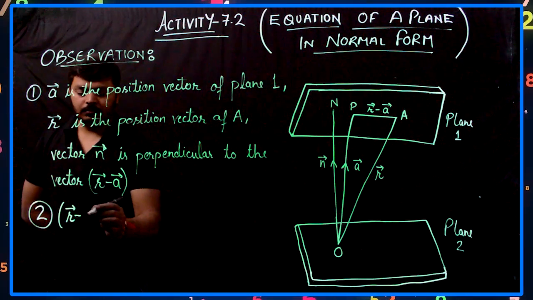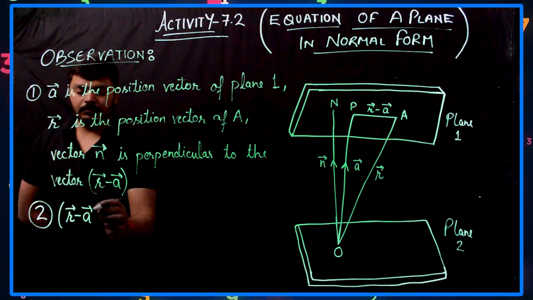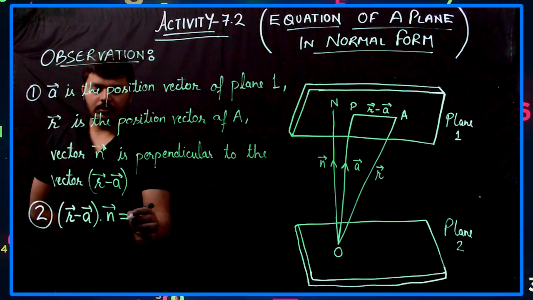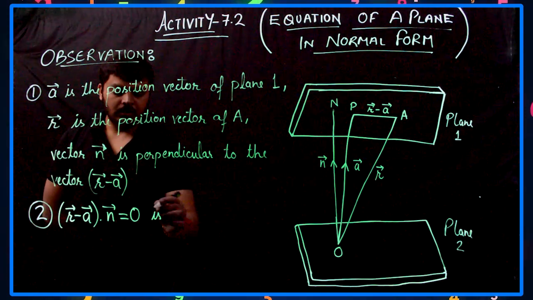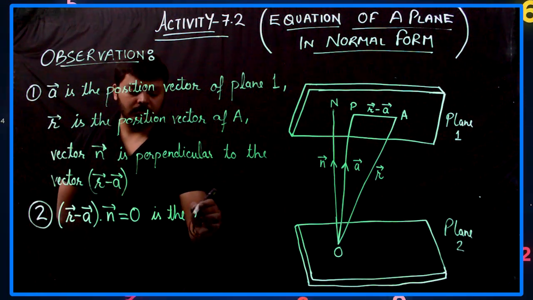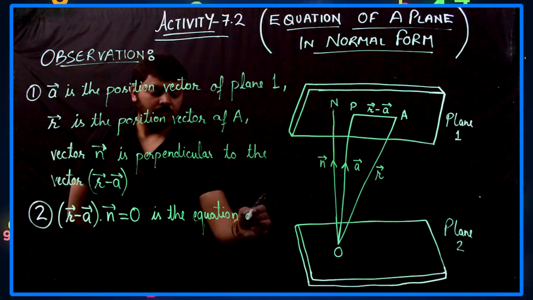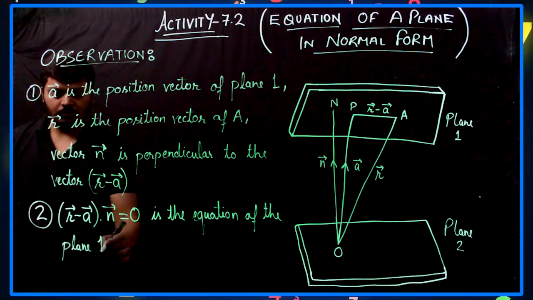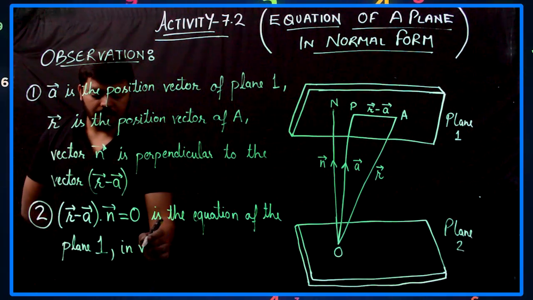Vector r minus vector a dot n vector equals 0 is the equation of the plane 1 in vector form.